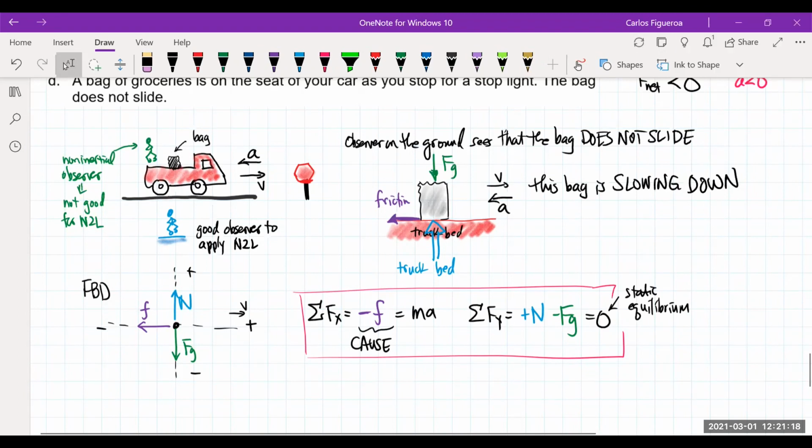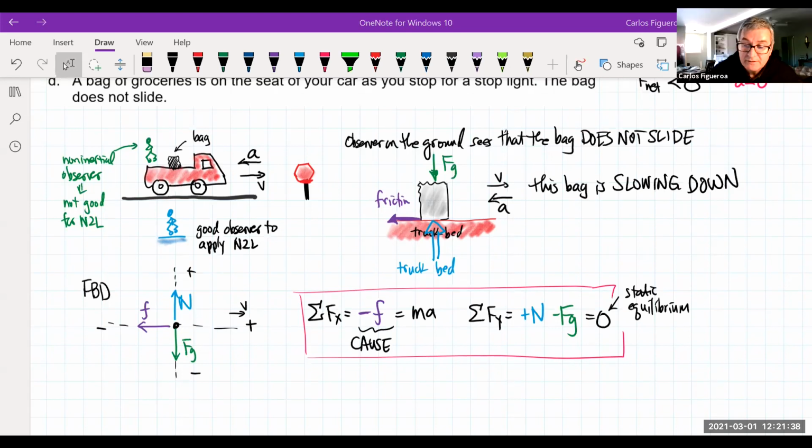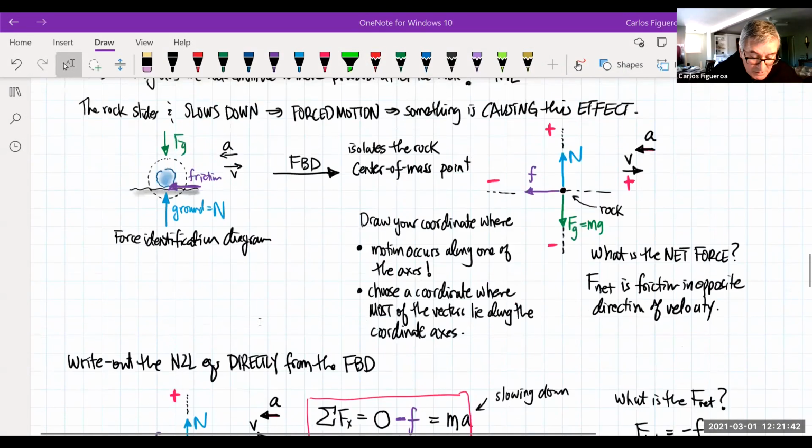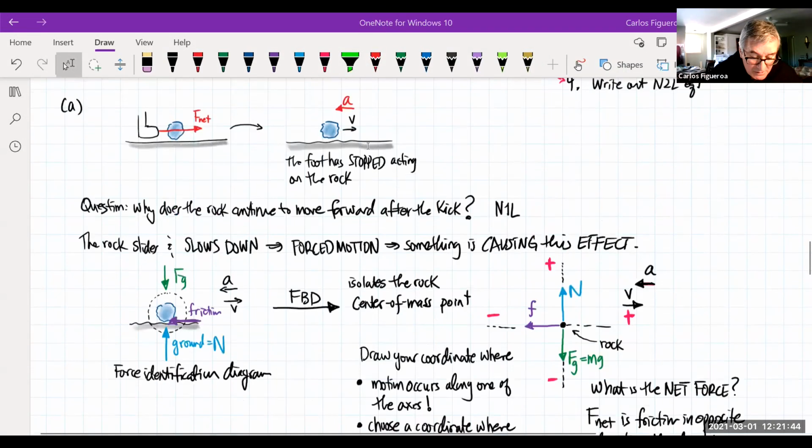And there's no force going in the positive x direction. I guess I'm wondering, in terms of the fact that it has the velocity of the truck, but you're saying there's nothing that's pushing it, there's no force with that. No, there isn't. And the reason is the same as with the rock. Once you kick the rock, why does the rock continue to move forward?